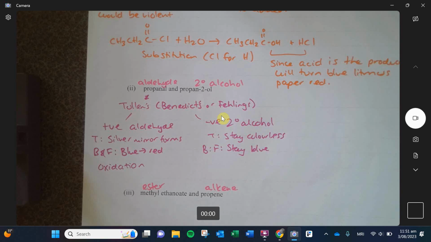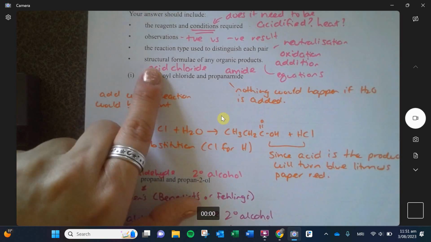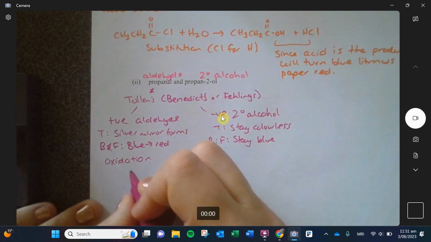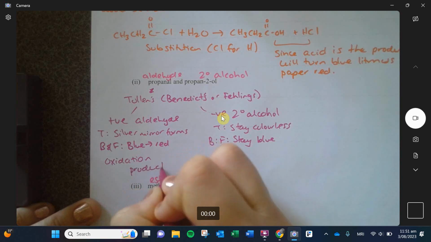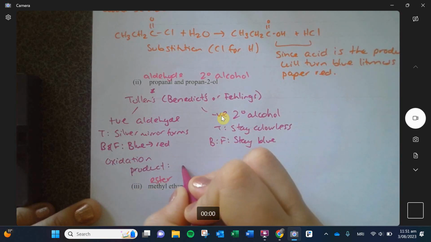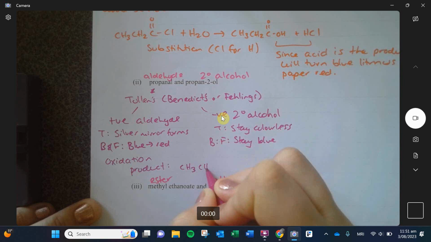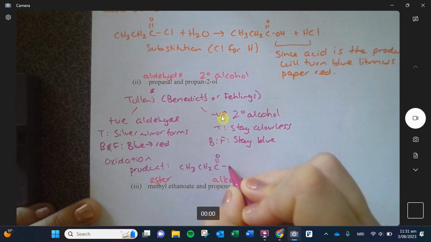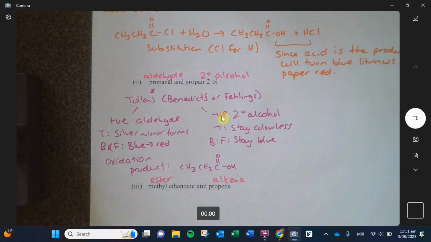So what I would say then for bullet point number 4 is the product, in this case, would be propanoic acid, CH3CH2C double bond O, OH. Whereas if we look at the secondary alcohol, it cannot be oxidized any further. So it won't be oxidized by those reagents.